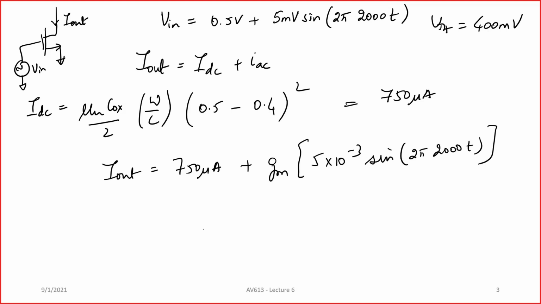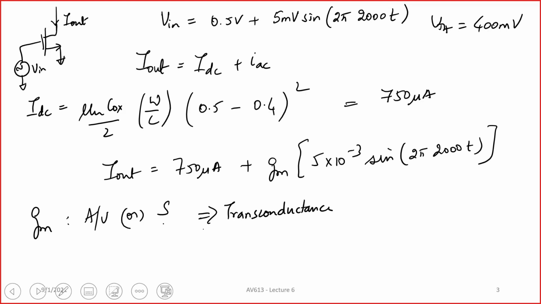All right. Now this GM is basically your transconductance, and it has a unit of ampere per volt, or Siemens. Why is it called transconductance? You have voltage variation at the input. So you have 3 terminals in your MOSFET, at least in this example, assuming that the body is connected to ground and the source is also grounded, so the body effect doesn't come into the picture, right?